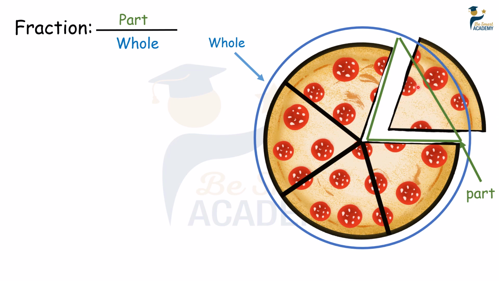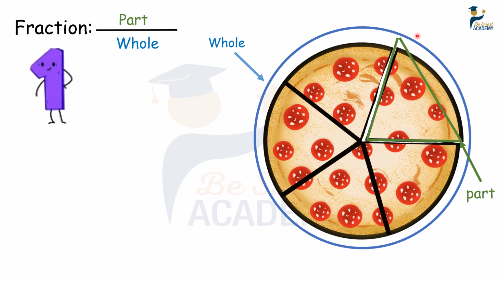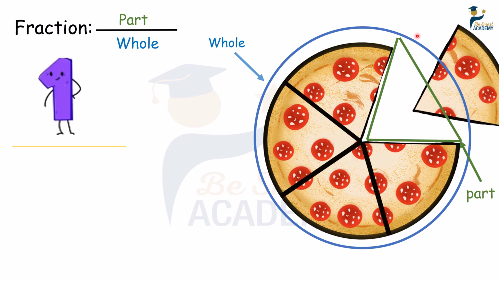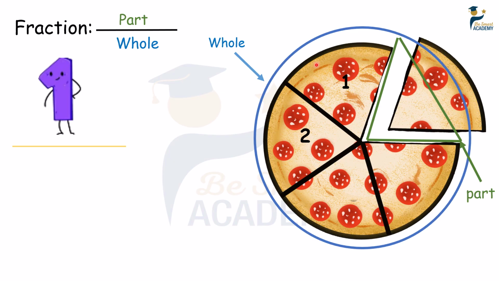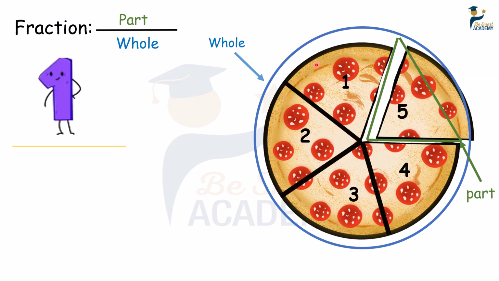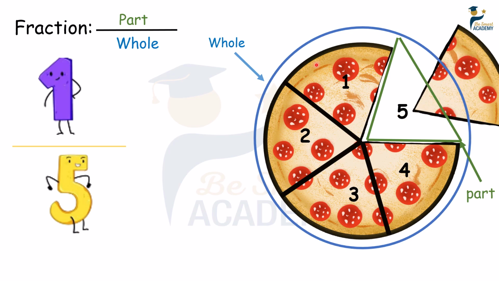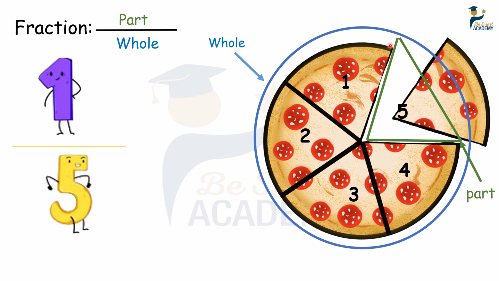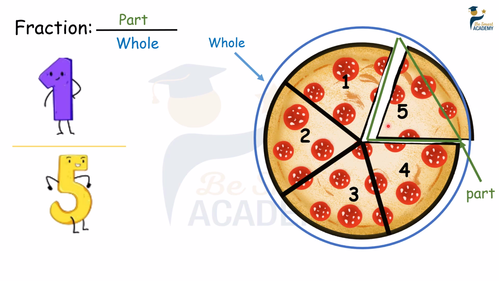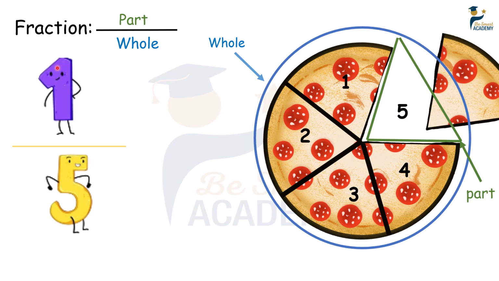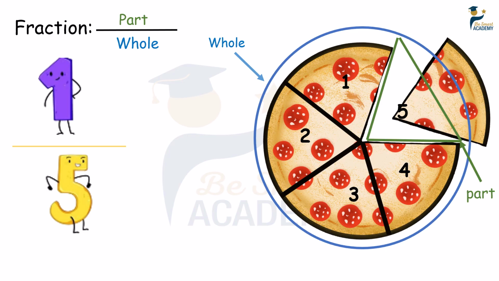So here if you take one slice, then we write 1 over, or out of, how many parts? 1, 2, 3, 4, 5 out of 5 equal pieces, parts. So if you take one slice of the pizza out of the whole, which is 5, you write the fraction as 1 over 5.